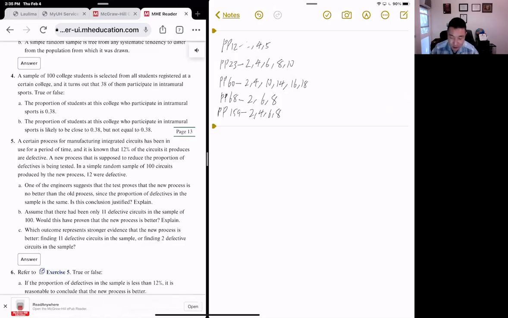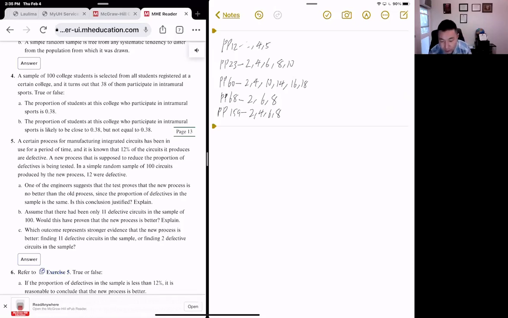This is not true. We take 100 students, that's a sample, and the sample proportion is 0.38. It doesn't necessarily mean the whole population is also 0.38. So A is not true.